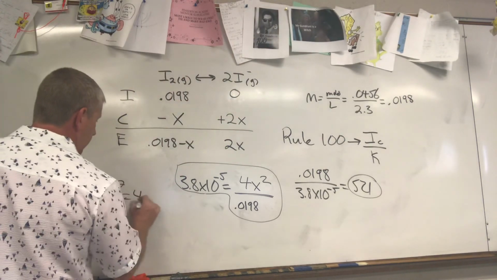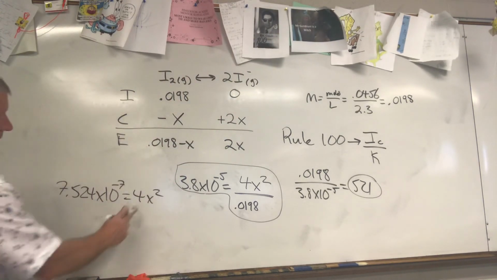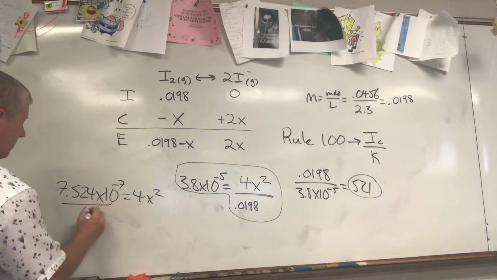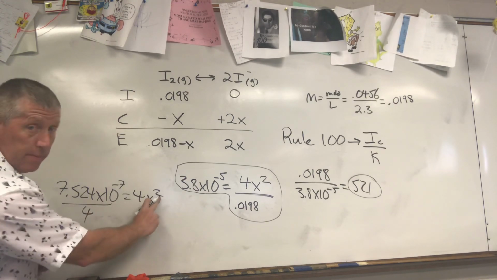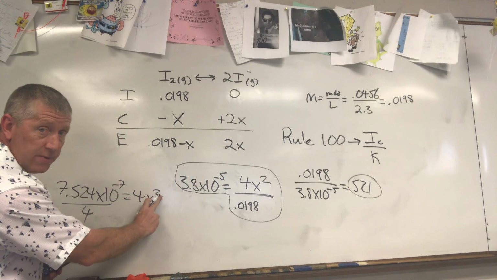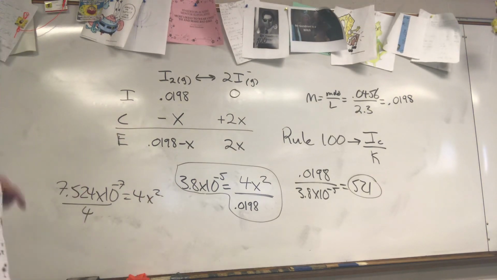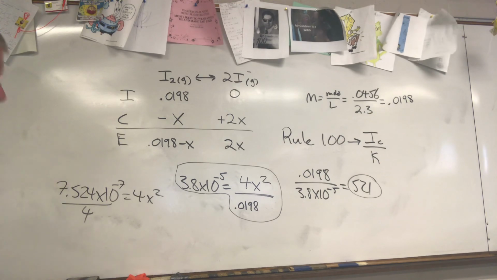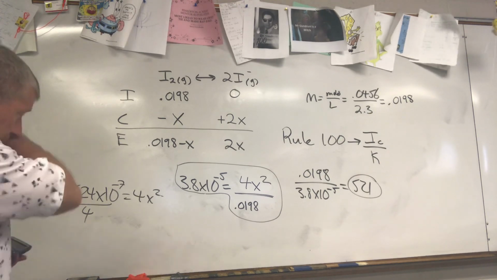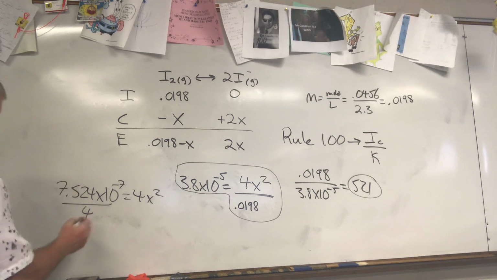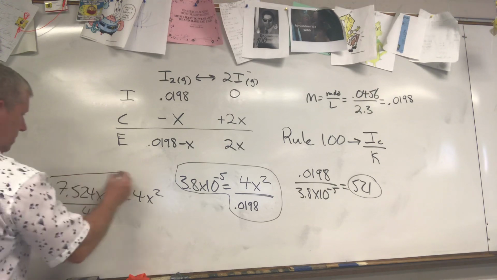That's equal to 4x squared. All right, divide by 4. Then take the square root. Remember, get rid of that square. Take square root of both sides. All right. Oh, actually, you know what? Oh, okay. Well, it doesn't matter. We can do it that way. So then square root both sides. So then we will square root this.